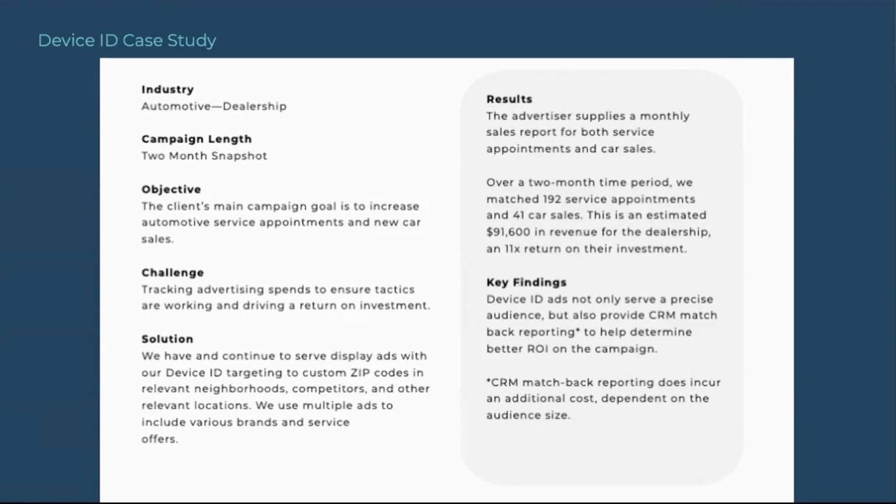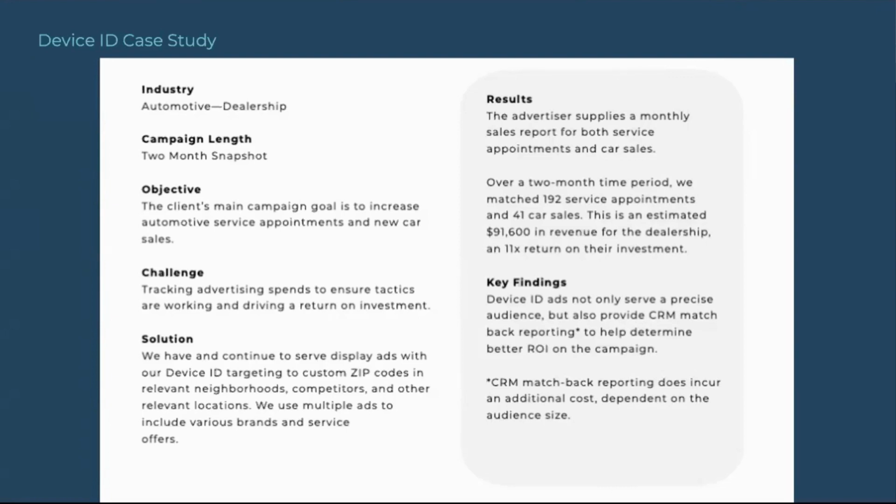And so what we came up with was that we serve, and continue to serve, display ads with device ID targeting to custom zip codes in relevant neighborhoods, their competitor locations, and then a few other relevant locations, auto mechanic shops and things like that. And then we utilize multiple ads to include those various brands and service offerings.